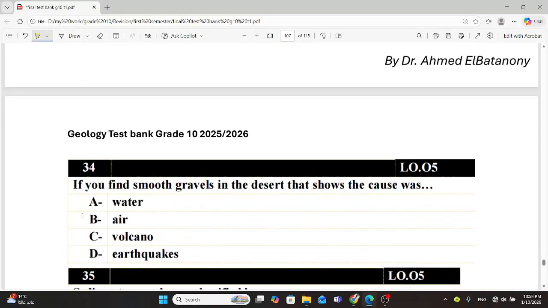If you find smooth gravel in the desert, that shows the cause was water.